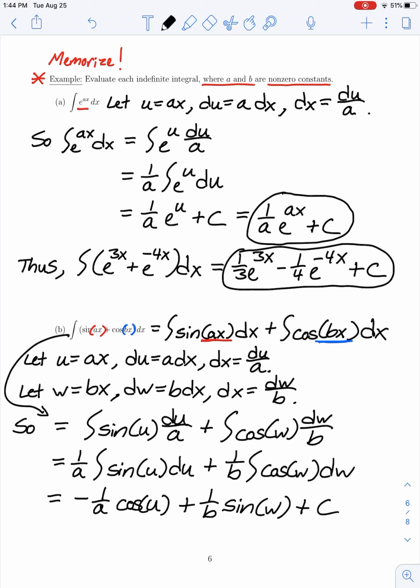And in the last step, we're supposed to get our final answer in terms of x. So substituting u, which was ax, and w, which was bx, back into this answer, we have negative 1 over a times cosine of ax plus 1 over b times sine of bx plus c.